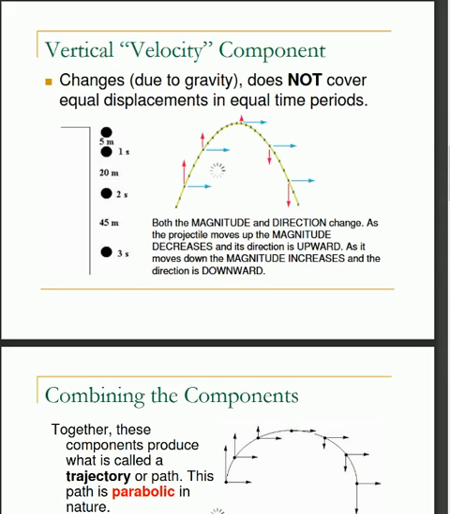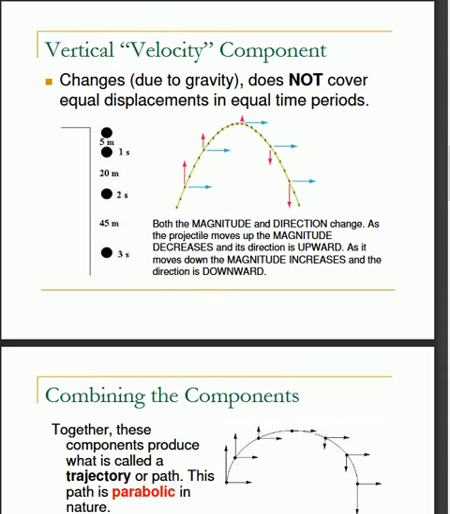Both the magnitude and direction change. As the projectile moves up, the magnitude decreases and its direction is upward. As it moves down, the magnitude increases, and the direction is downward.